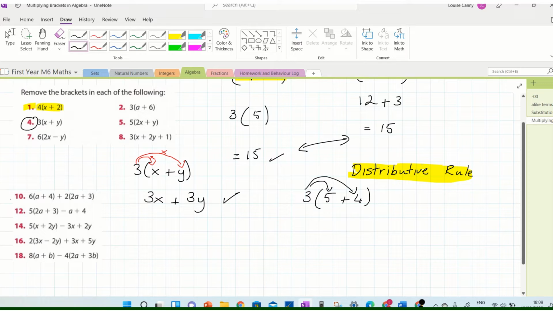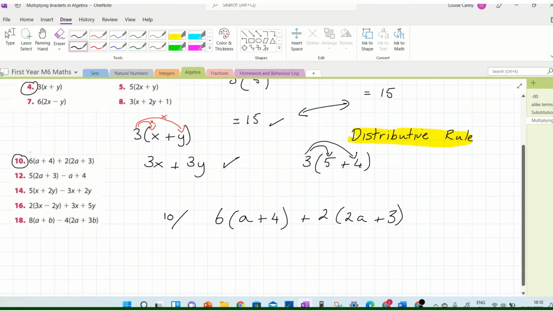Okay, let's take a look at one of these ones with just a little bit more going on. Let's take a look at question 10. Question 10, we have 6 times a plus 4 plus 2 times 2a plus 3.